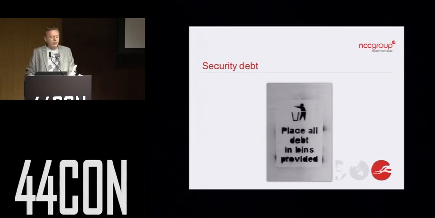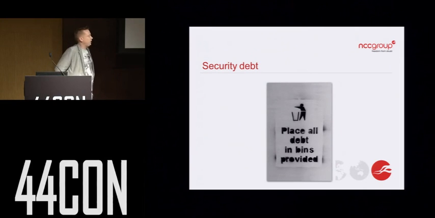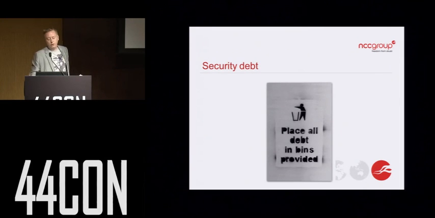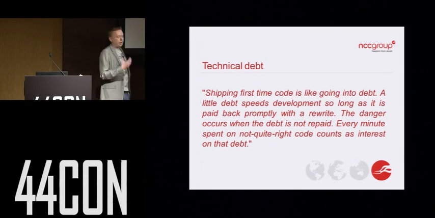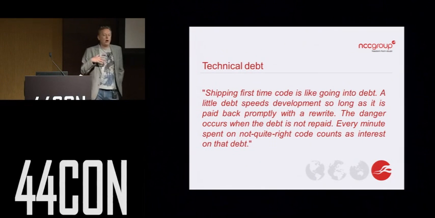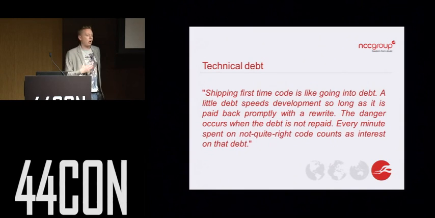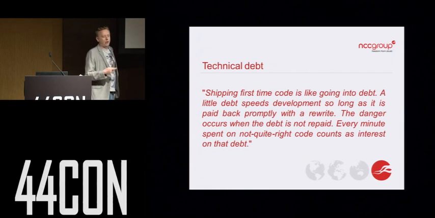So what we're going to look at first is what the concept of security debt is in the context of software. This builds on the idea of technical debt: the idea that due to code crunch, getting a product to market or a system live, you have to rush code to a certain degree to get it out the door.